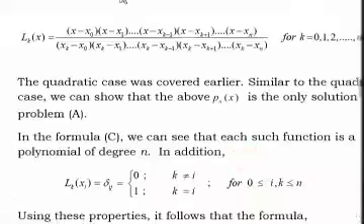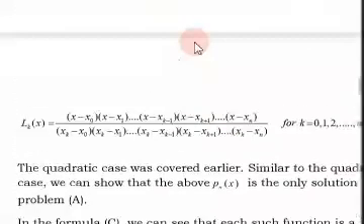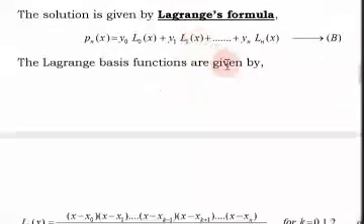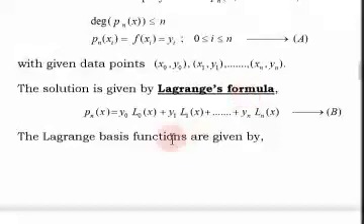I hope you understood this clearly. In my next video, I will do an example on this, to see how to find a polynomial going through these data points. See you.